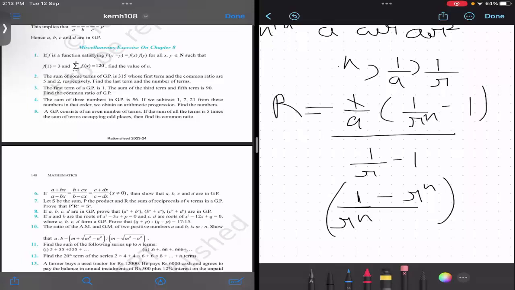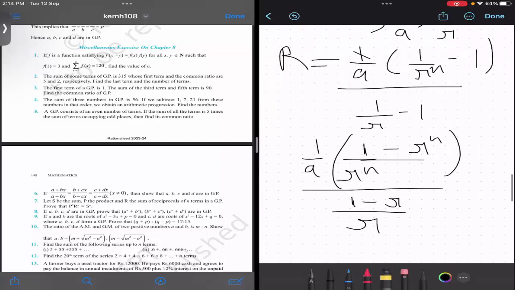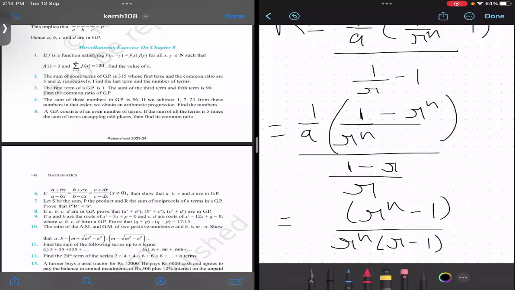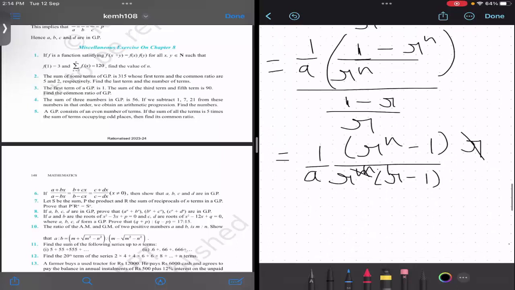I have done nothing, I have just taken the common ratios, and in the denominator you would have 1 minus r upon r. Right? Therefore, taking minus out from both the numerator and denominator, you would have r raised to power n minus 1 upon r raised to power n into r minus 1 into r on a. r and r get cancelled one time.